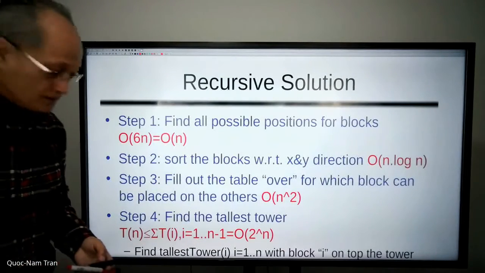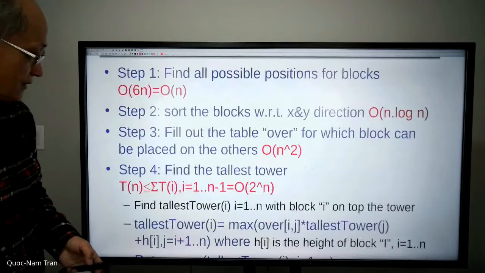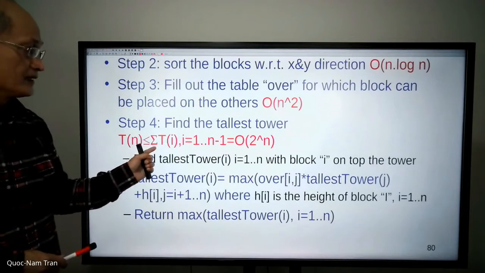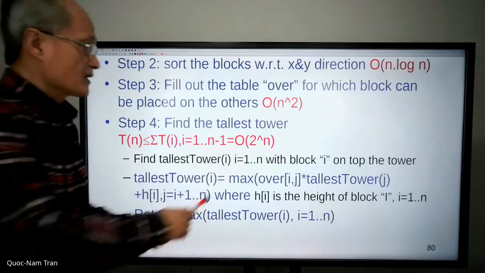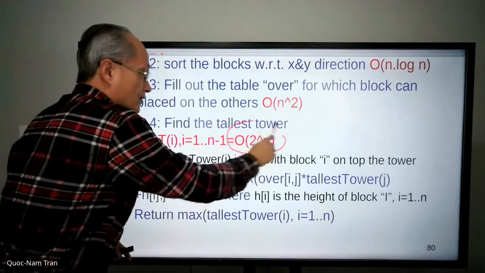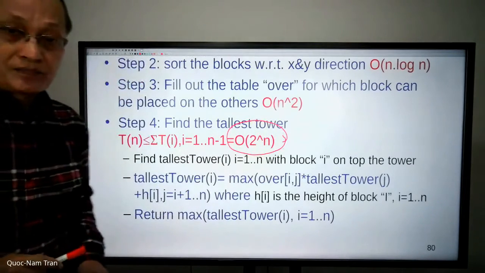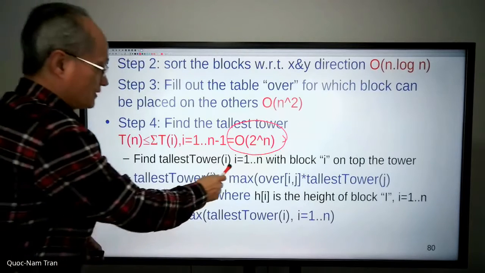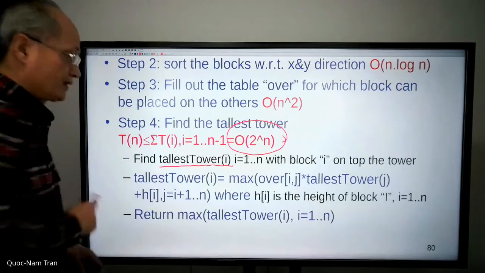Okay, so here's what we have, right? Tn here is big O of 2 to the power n when we use the recursive function, right? Okay?